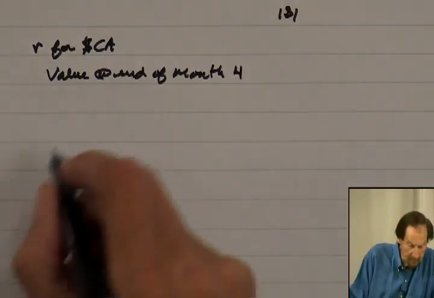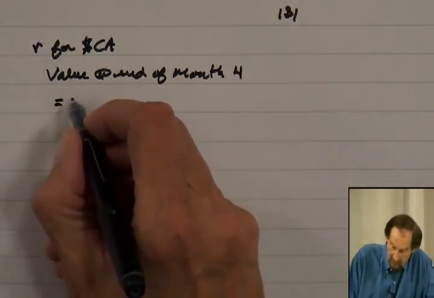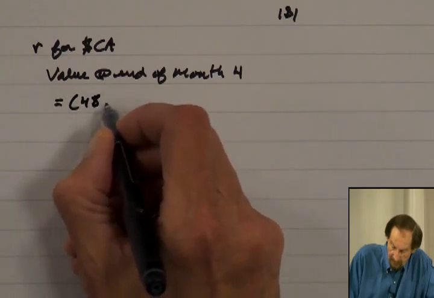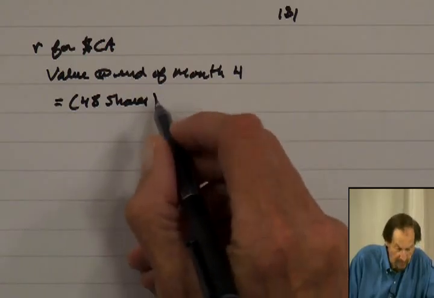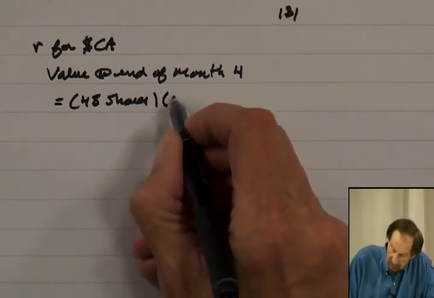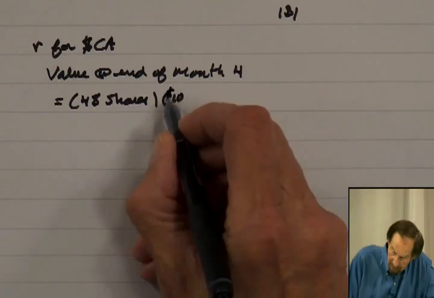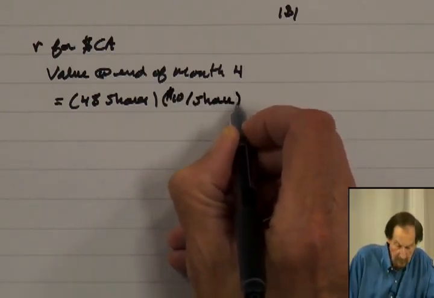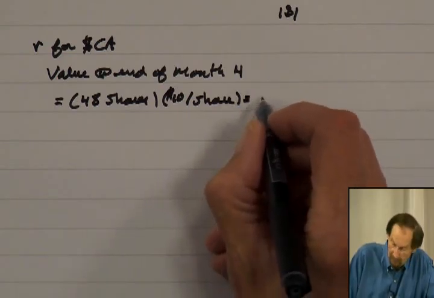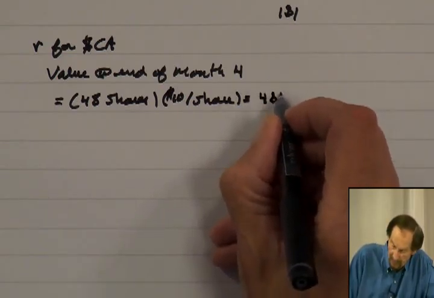And this is simple to calculate, so it equals 48 shares times $10 a share, so it equals $480.